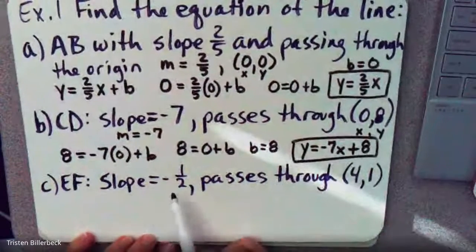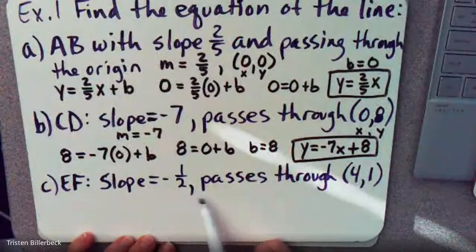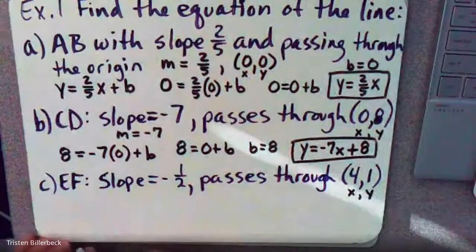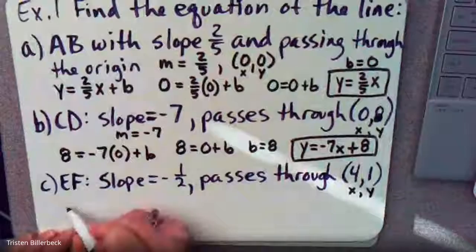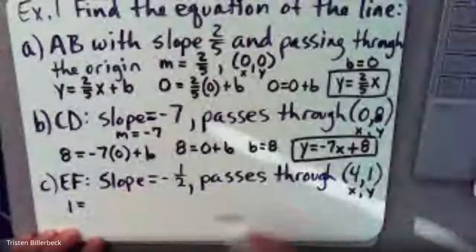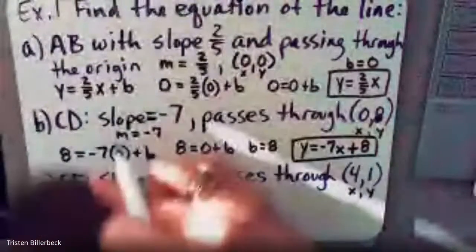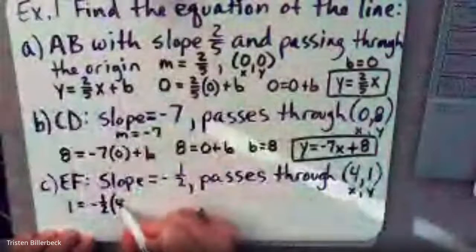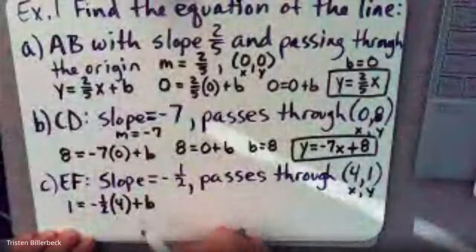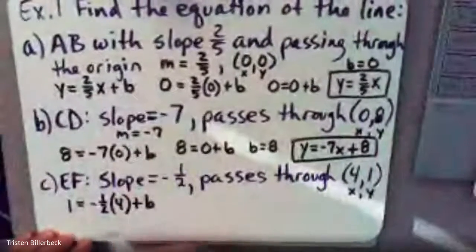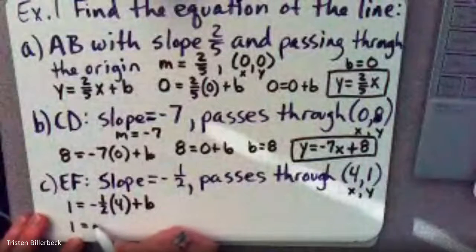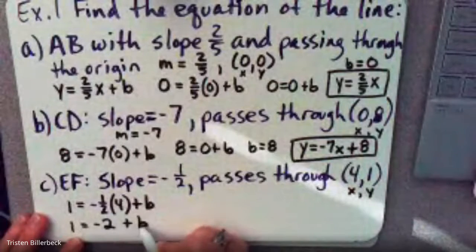All right, now if we have a slope of -1/2 and it passes through 4, 1, so we have x and y. So we put in the 1 for the y equals, and we have -1/2. I guess I don't need parentheses there. So -1/2 times the 4 for the x plus b, because we don't know the y-intercept. So we have 1 equals, and half of 4 is 2, so we have -2 plus b.